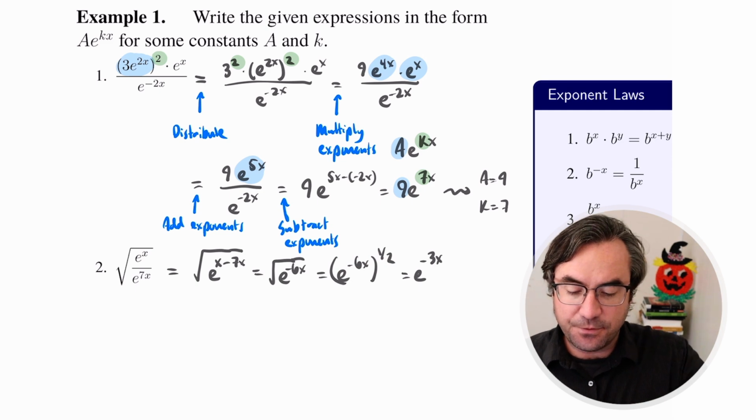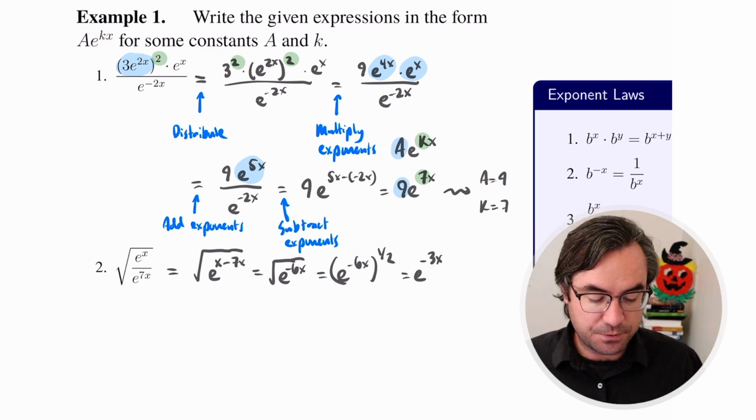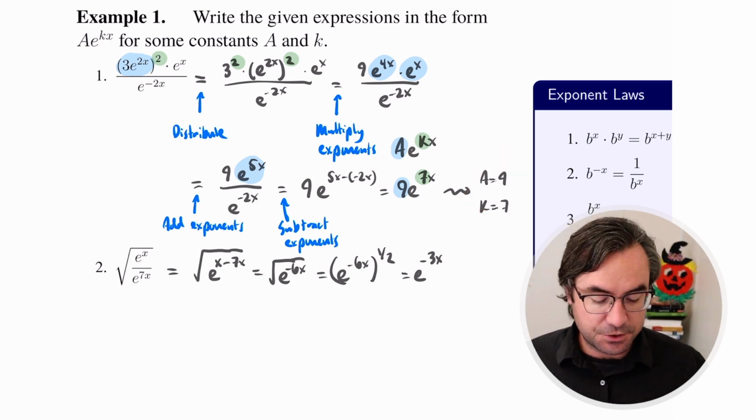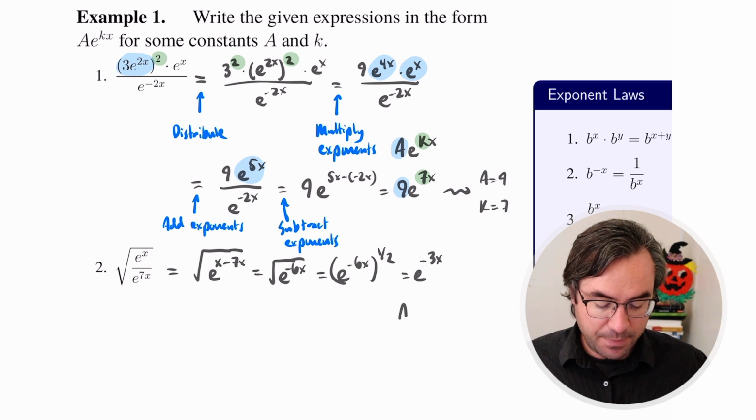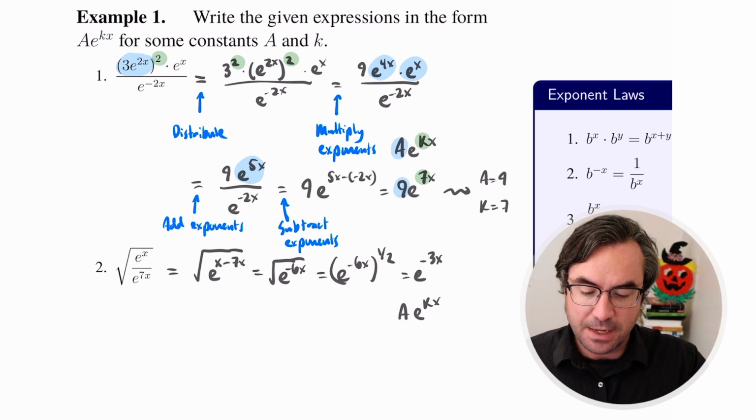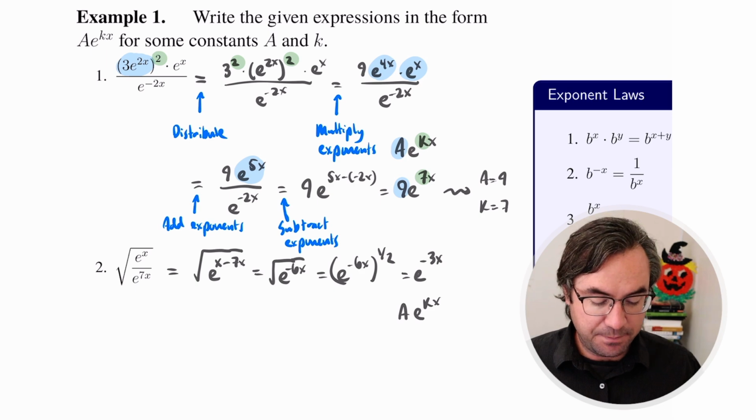And again, we just want to be able to identify what these values are for this term. So if we kind of compare, we wanted it in the form a e to the kx, and we just kind of match things up.